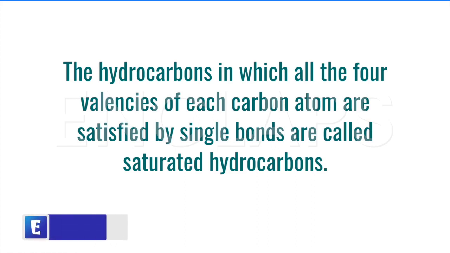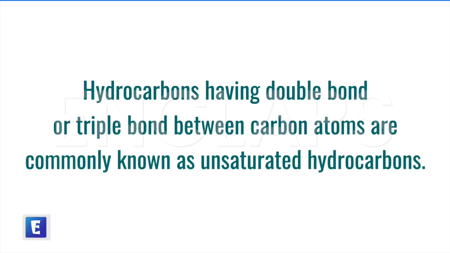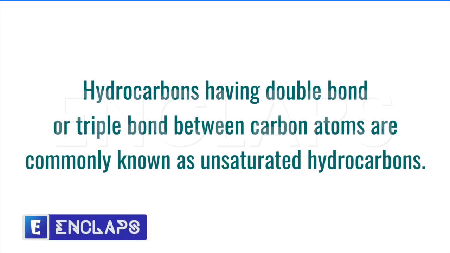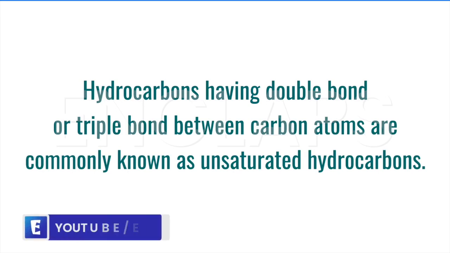They are the simplest class of hydrocarbons. Can you tell me the examples? Yes, alkanes are saturated hydrocarbons. Then unsaturated hydrocarbons. They are hydrocarbons that have double or triple bonds between adjacent carbon atoms.